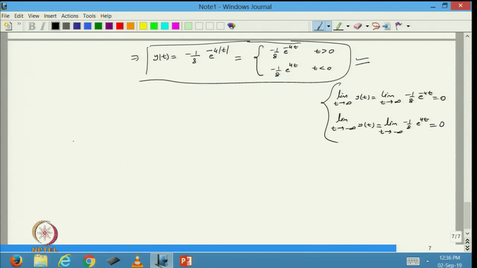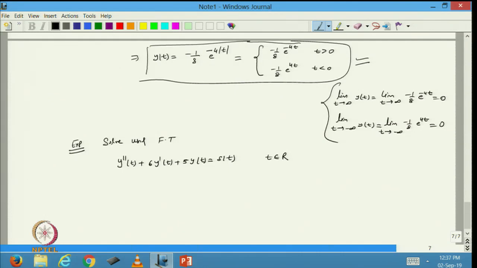So, let us take another example. After solving the first order ODE, I take the second order ODE. Solve using Fourier transform the second order ODE y double dash t plus 6 y dash t plus 5 y(t) is equal to delta(t), where t belongs to the real line.